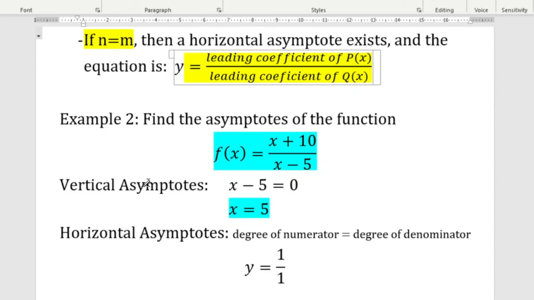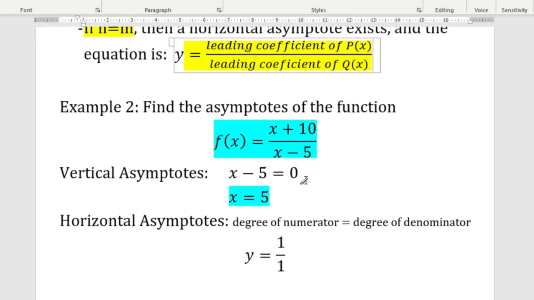To determine the vertical asymptotes, we simply equate our denominator, x minus 5, equal to 0, and we solve for x. Thus, we have x minus 5 equal to 0, and we have x equals 5. This is now the equation of our vertical asymptote.